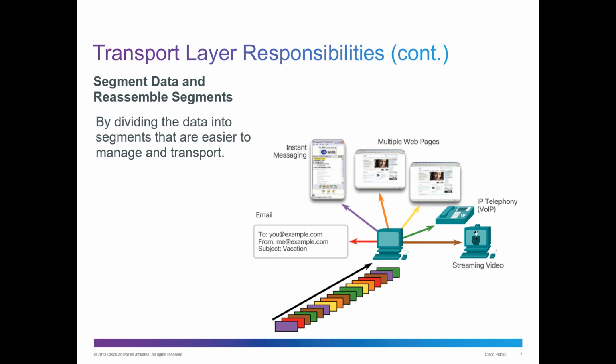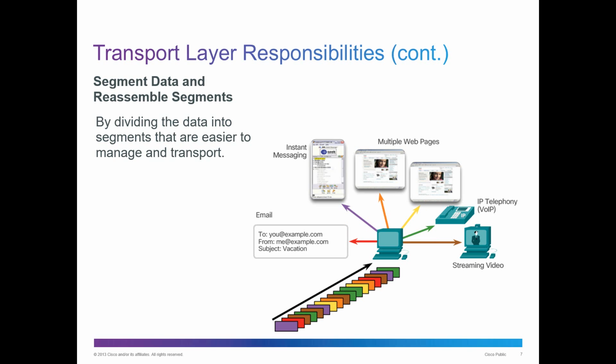And here we see some of the segments that the transport layer might send. The multicolored segments are supposed to be representative of each type of communication, or conversation, we have going on. So it allows you to do multiple things at the same time.